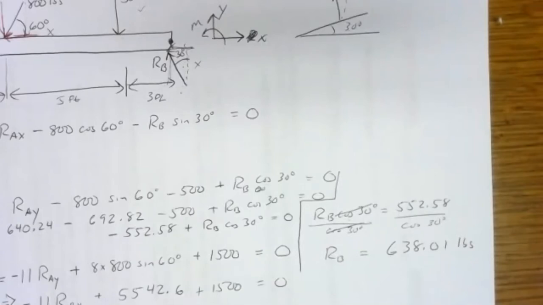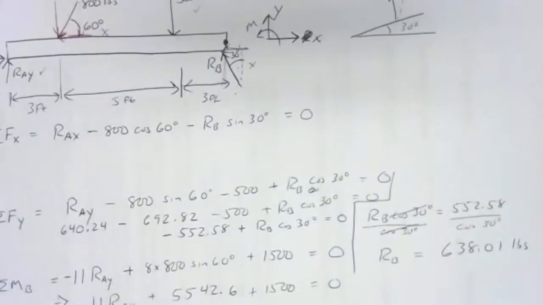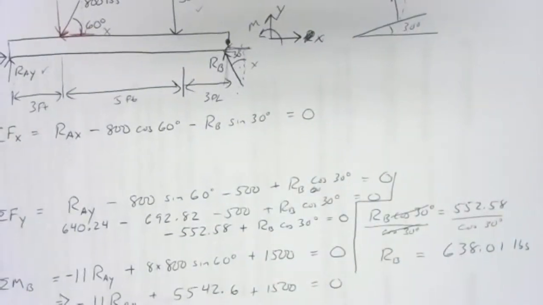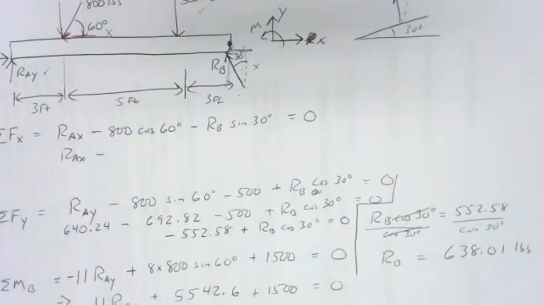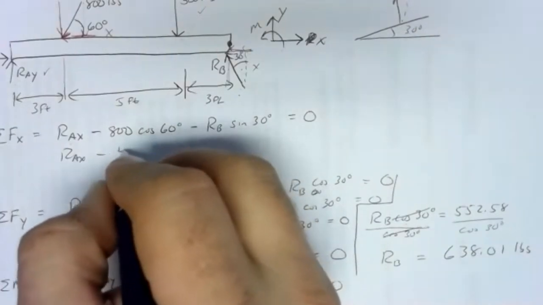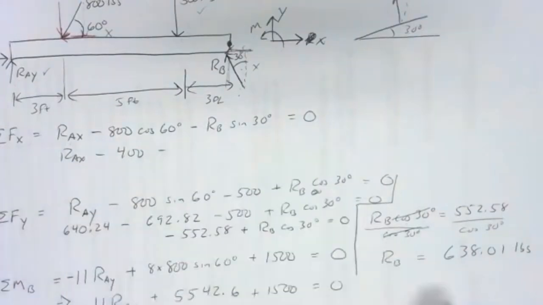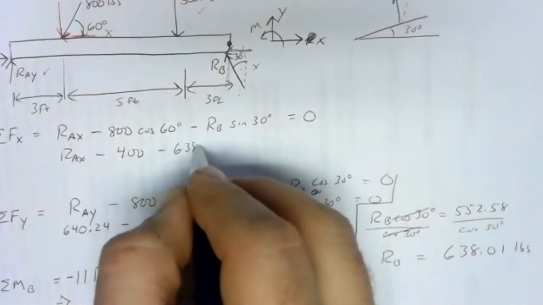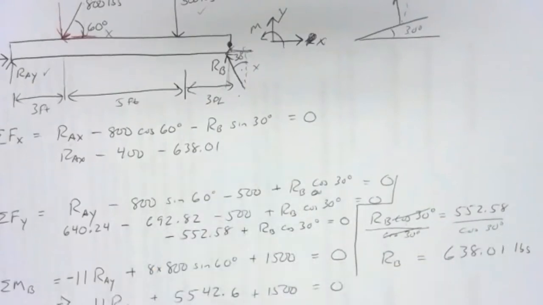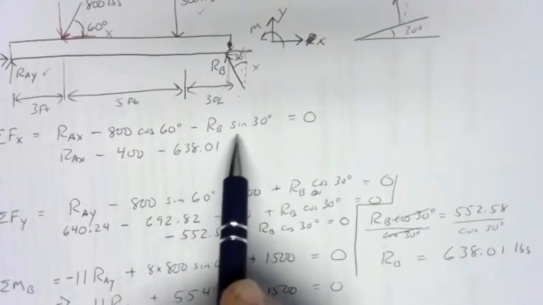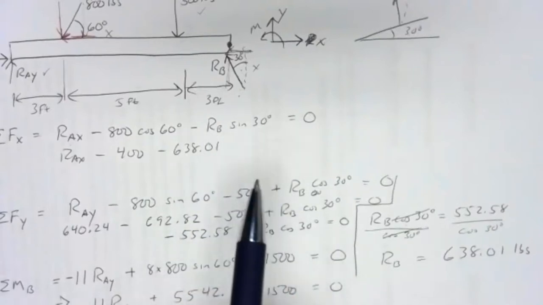Now just one value we need is RAX. We needed RB to get that. So we've got RAX minus 800 cosine of 60, and cosine of 60 is a nicer number. That's 1/2, so minus 400, minus RB, which is 638.01 times the sine of 30. And here, since I'm not dividing by it or manipulating or anything like that, I can go ahead and get the value, because this is just a number now. 638.01 times the sine of 30.